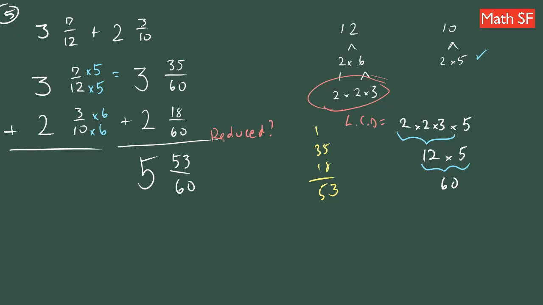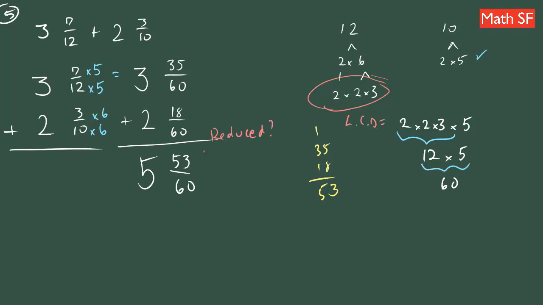I believe that 53 is a prime number. It's not an even number, so it's not divisible by 2. How about by 3? Will this be divisible by 3? 5 plus 3 is 8, so that's not a multiple of 3. So I believe this was a prime number.